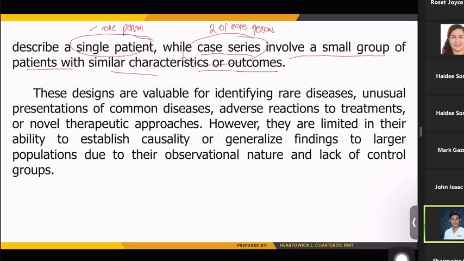As long as these two or more persons have similar characteristics or outcomes of disease, meaning similar sila ng signs and symptoms, similar sila ng nararamdaman, okay, so that is your case series, okay? So the designs are valuable for identifying the rare disease and unusual presentations of common diseases.